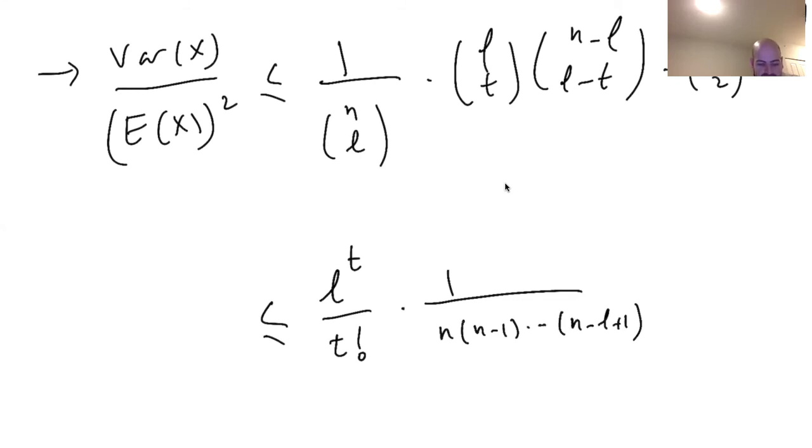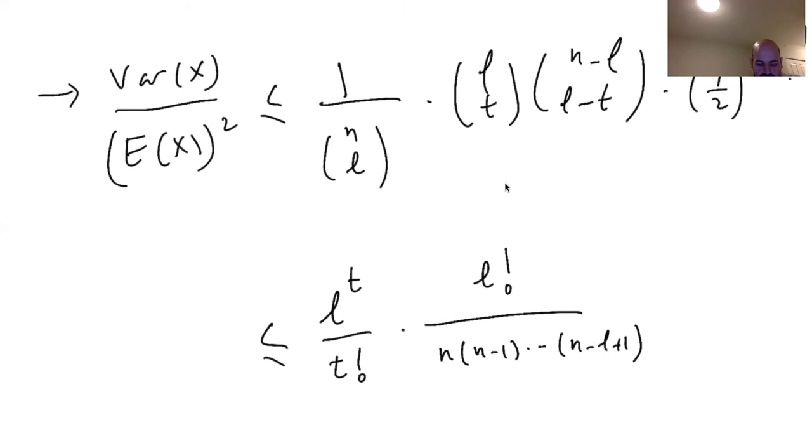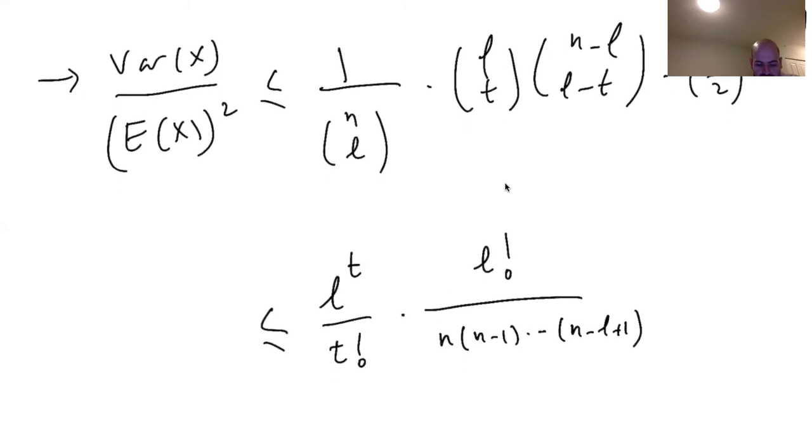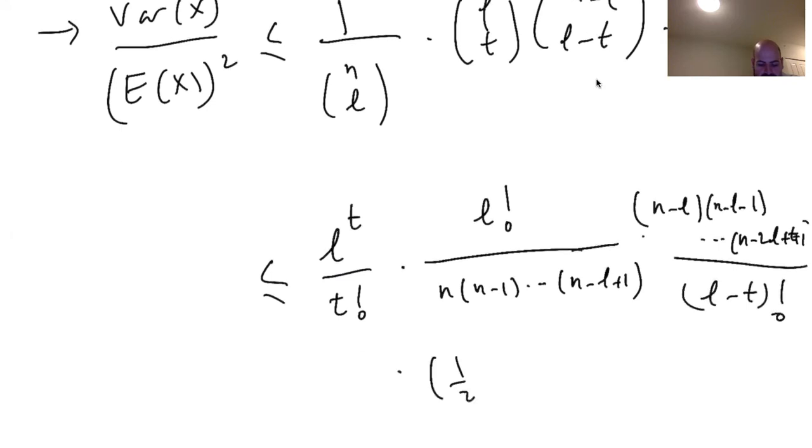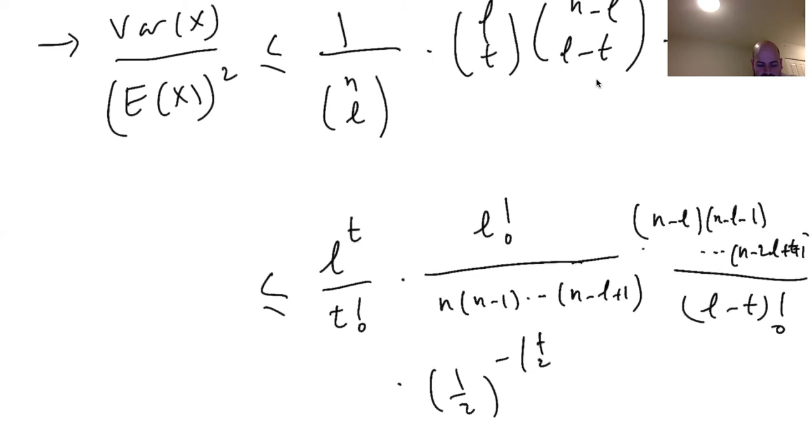So I can write L factorial on top. And then times this term here, which I can write as n minus L times n minus L minus 1 to n minus 2L plus t plus 1, divided by L minus t factorial, and then times 1/2 to the power minus t choose 2.